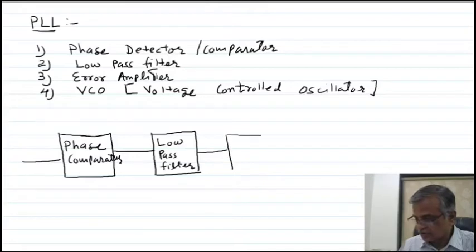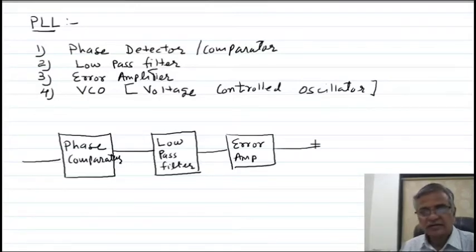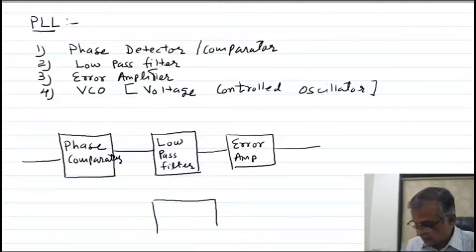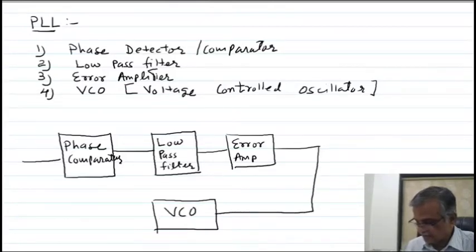Third block is known as an error amplifier. And the output of the error amplifier is given to another block, which is known as a voltage control oscillator. And the output of the VCO is given back to the phase comparator.